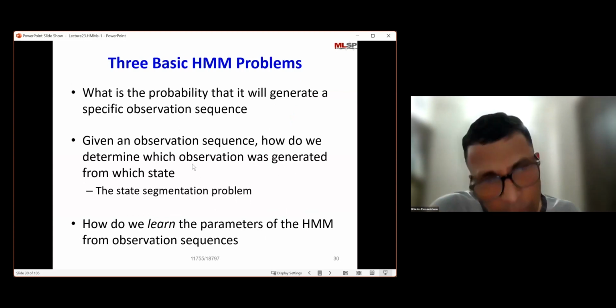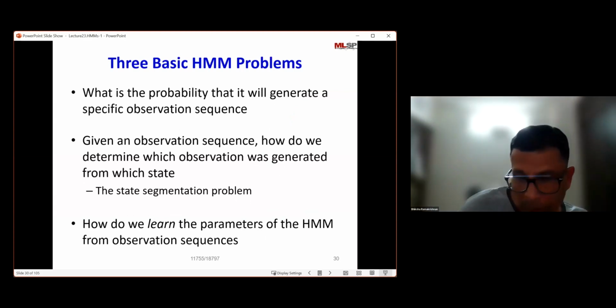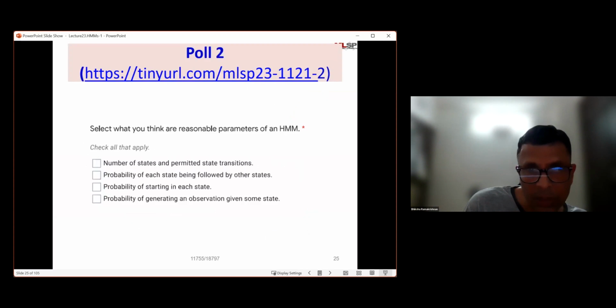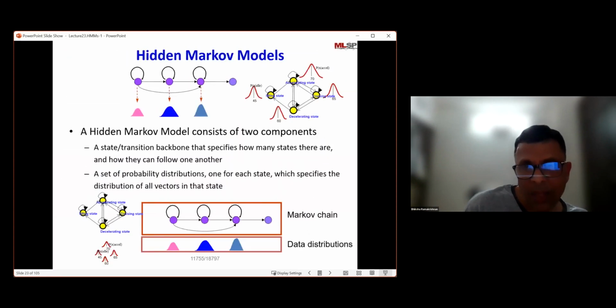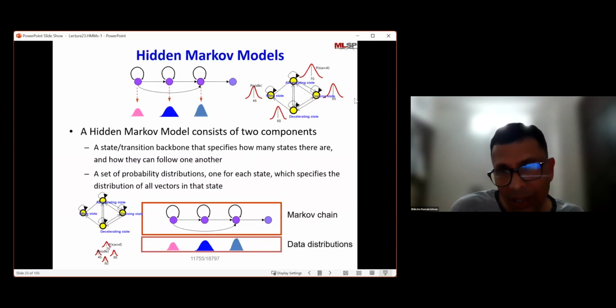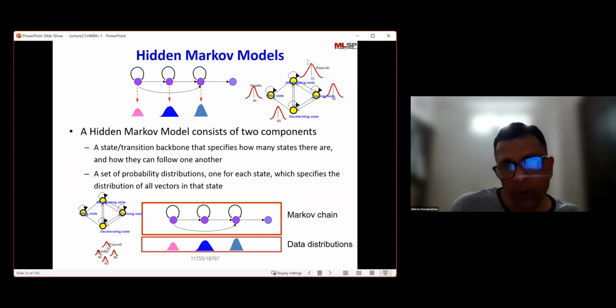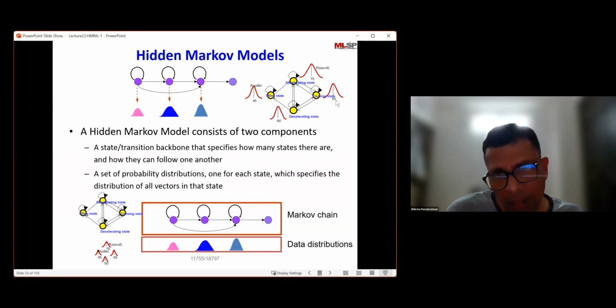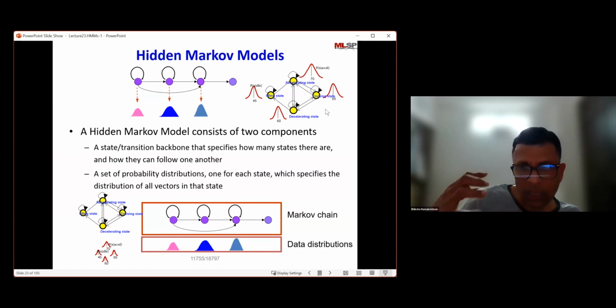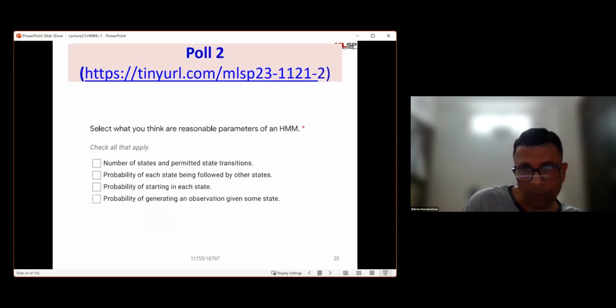Now, having specified the problem, I want to emphasize that although it looks like a 2-stage process over here, this entire thing is actually just a probability distribution. If you consider all possible observation sequences that this model can generate, the total probability of all of these observation sequences will be 1.